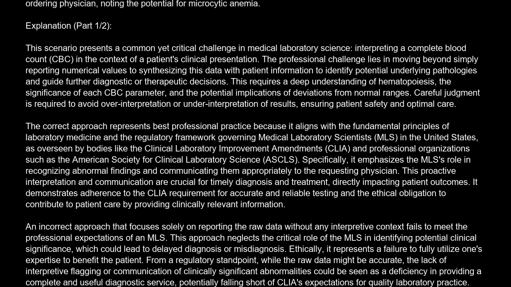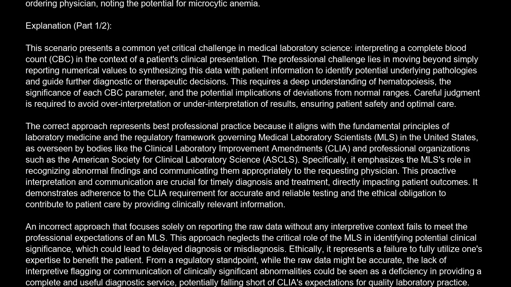The correct approach represents best professional practice because it aligns with the fundamental principles of laboratory medicine and the regulatory framework governing medical laboratory scientists, MLS, in the United States, as overseen by bodies like the Clinical Laboratory Improvement Amendments, CLIA, and professional organizations such as the American Society for Clinical Laboratory Science (ASCLS).